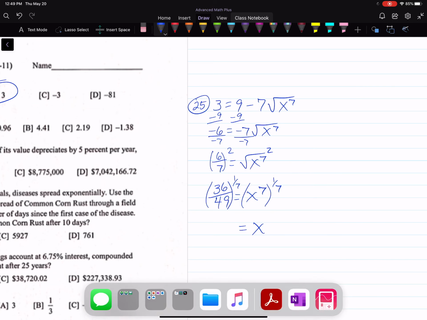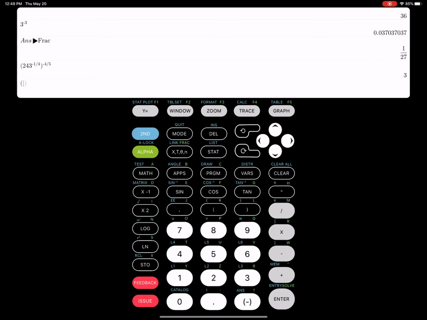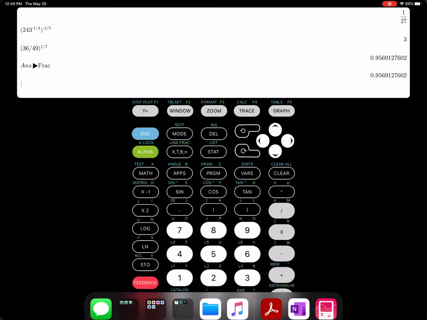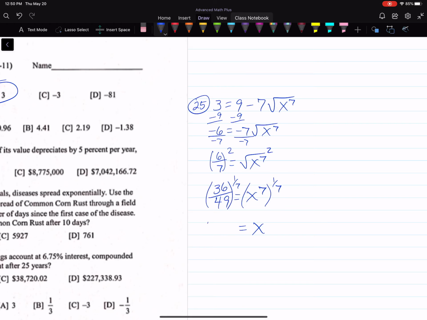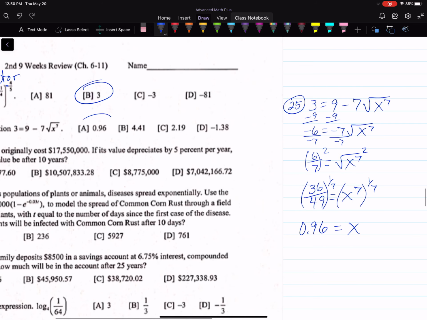So let me grab this. 36 divided by 49 to the 1/7 power. You get a big long decimal. You just hit math, enter to get, oh, well, never mind. It must not be a big long decimal. So it would round to be 0.96, right? 0.96, which is A.